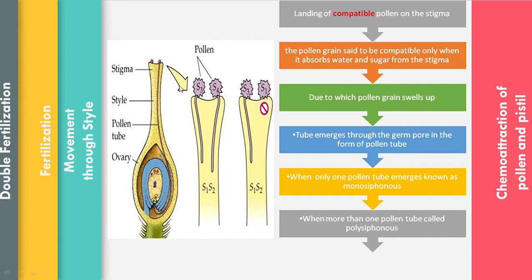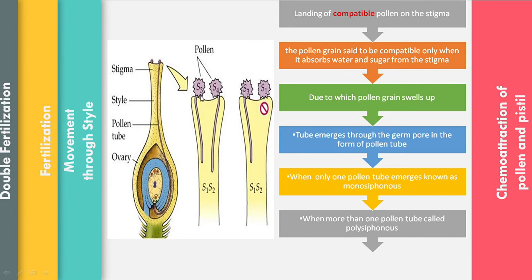Pistil, you all know this whole structure is known as the pistil. So chemo attraction means that various chemicals in the form of sugars and water are released from the stigma.